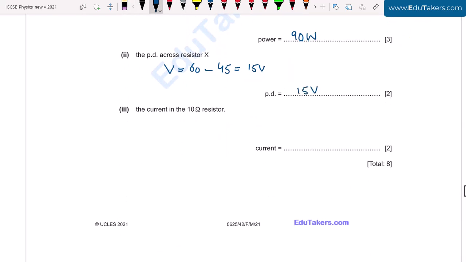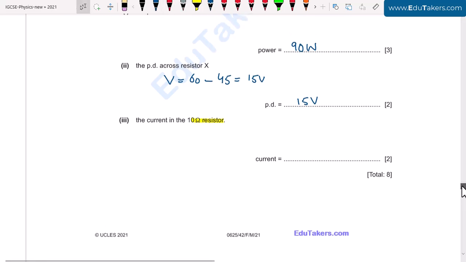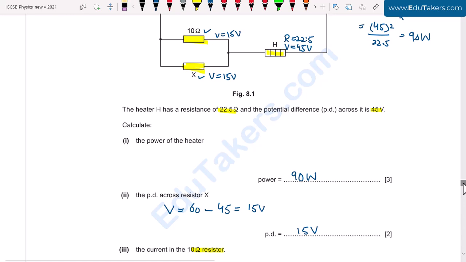In part 3, the current in the 10 ohm resistor. Here we have to find out the value of current. Going back to the circuit, here we can see that the value of resistance is 10 ohms and the potential difference across this component is 15. And here we have to find out the value of current. I use Ohm's law.